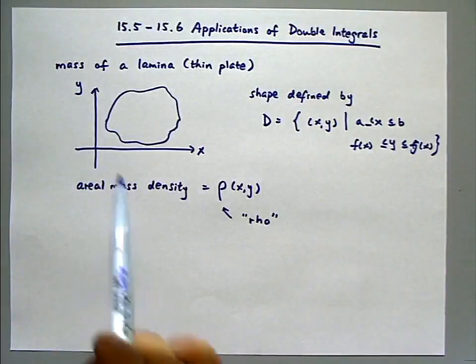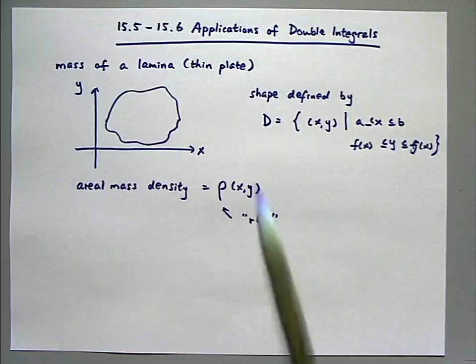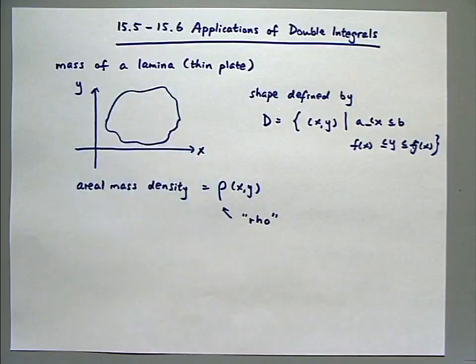In other words, every single point can potentially have a different mass density. Okay? And that's the case with a very general shape. And we'd like to find the mass of that little plate here.